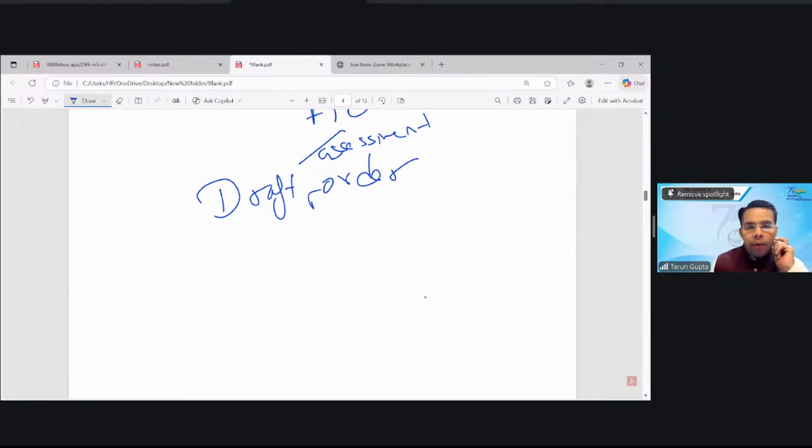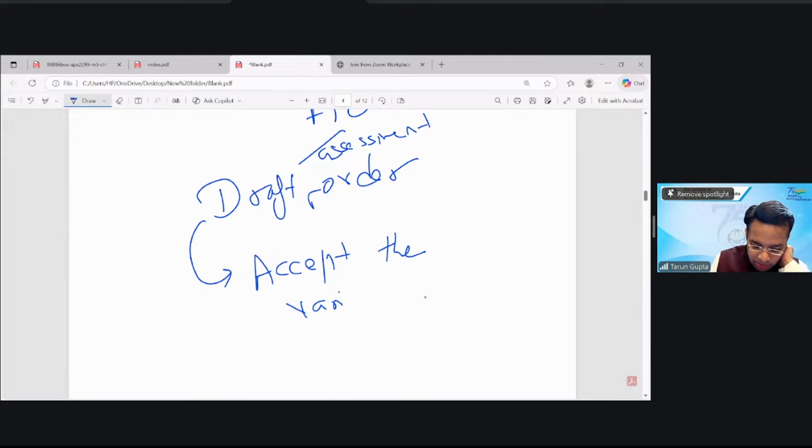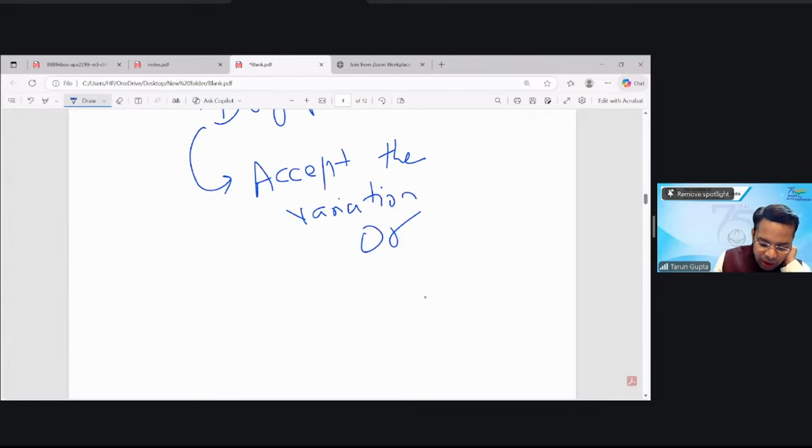Now, once the assessee receives the draft assessment order, the assessee has an option. Either he will accept the variation, the addition, and offer, or he may file objections before the DRP.